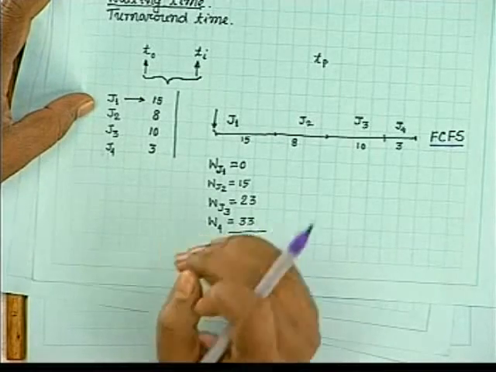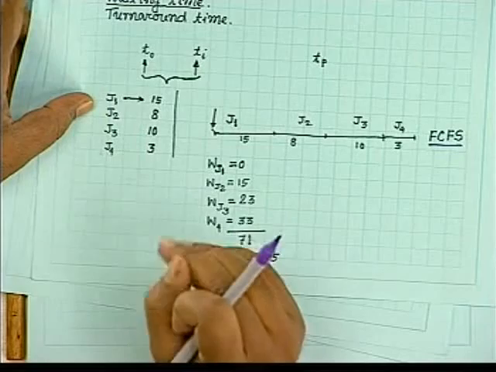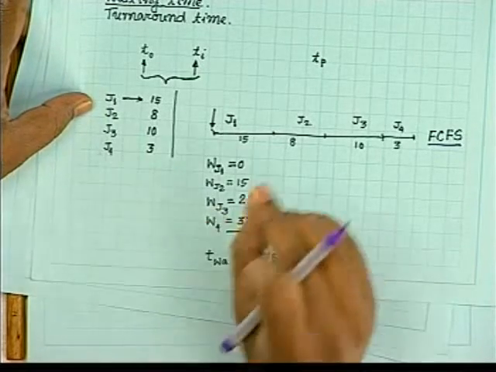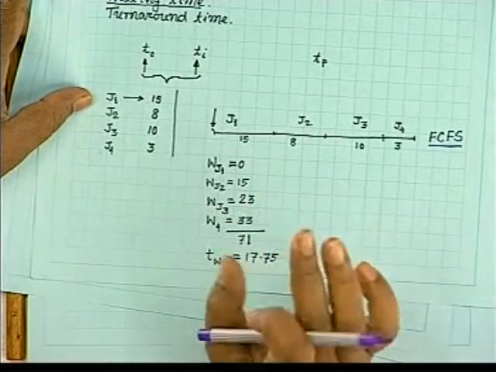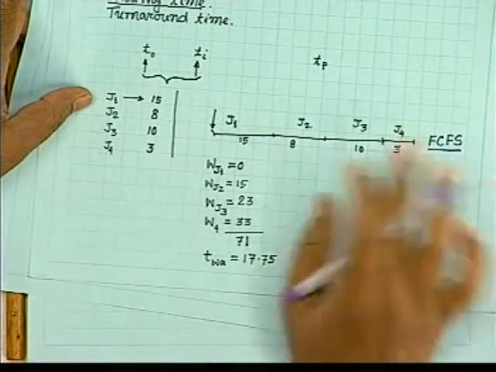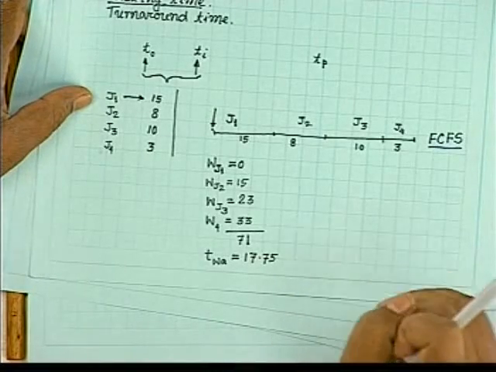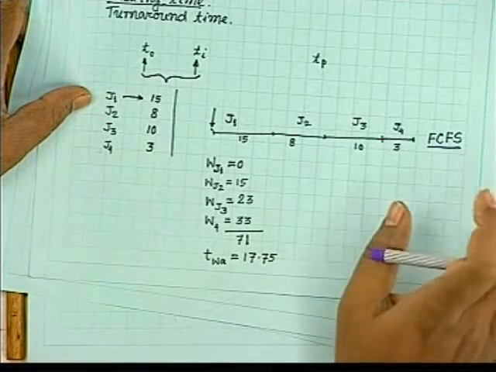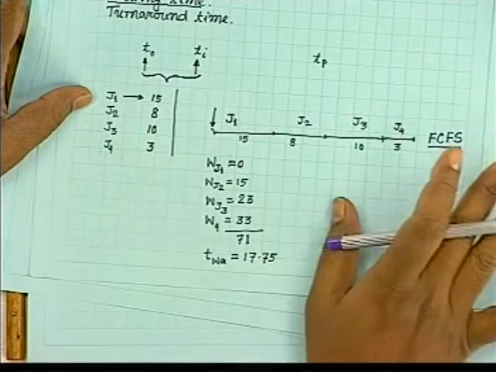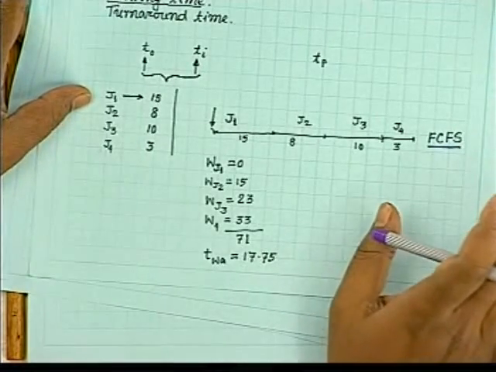In order to have an efficient scheduling algorithm, we have to have some idea of the next CPU burst time of the job. In first come first serve, I don't have any such problem, because my only criterion is that the job which arrived in the ready queue first has to be executed first, without bothering about the next CPU time of that job.